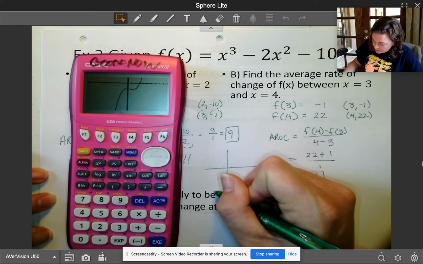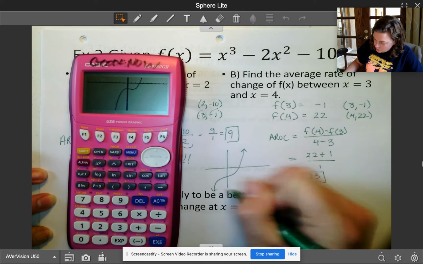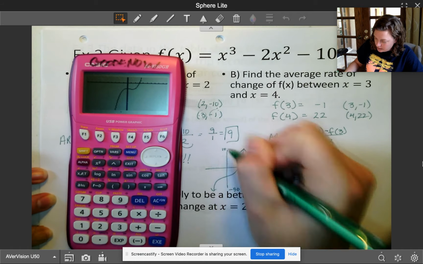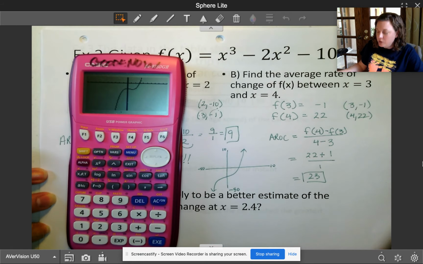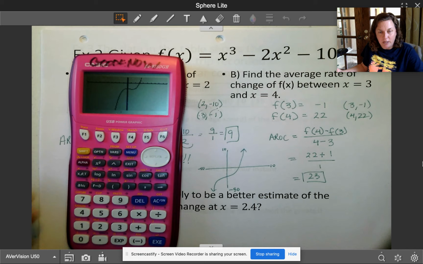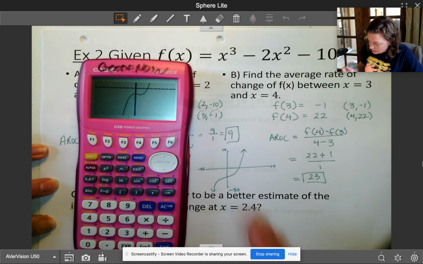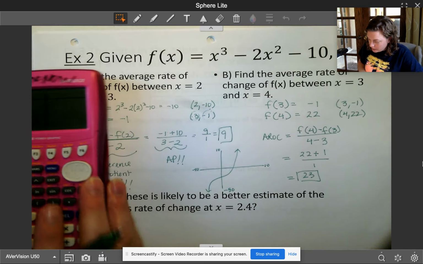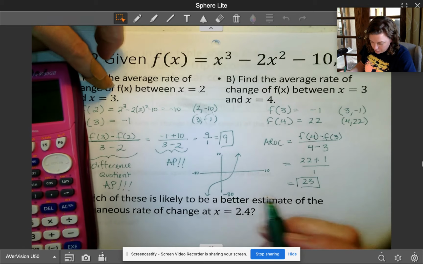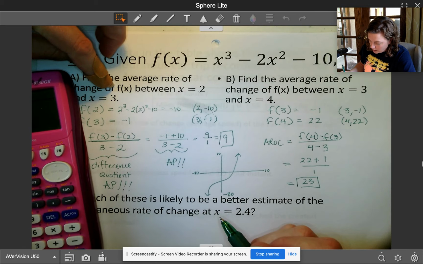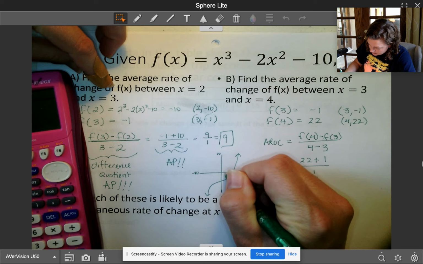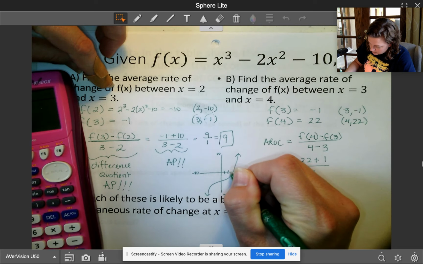So I have this curve, right? And this is way down at -50 and up to 10. Okay. So it's always good if you're going to draw a picture to label what your axes values are so you can tell. Well, we took the slope between x equals 2 and 3. Let's pretend this was 2 and this was 3.